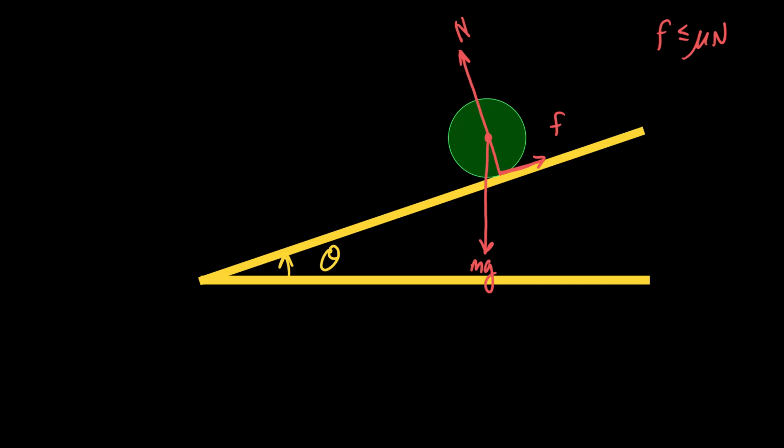Static frictional force can be up to, but not to exceed this threshold. It's a reactionary force that provides as much reaction as is necessary for the situation. But I want you to think the frictional force has to oppose the motion of the turning of our spinny object, right? So we know it's got to be up the ramp on the way up the ramp, and we know it's got to be up the ramp on the way down the ramp, because when it's on the way down, it's the frictional force that is helping it, speeding it up, right, on the way down.